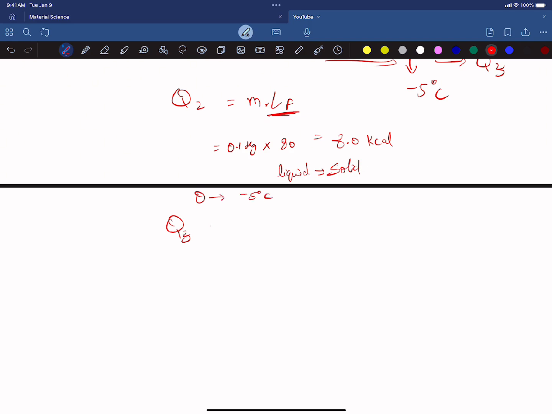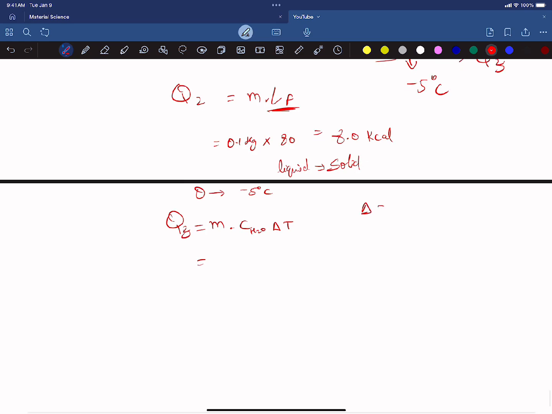So Q3 will be M times specific heat times change in temperature. Delta T will be 0 minus -5, which is just 5 degrees Celsius. 0.1 times 0.5 times 5 will give you 0.25.